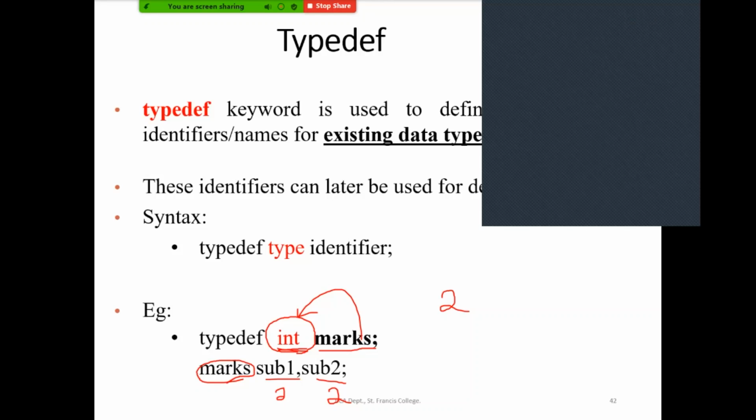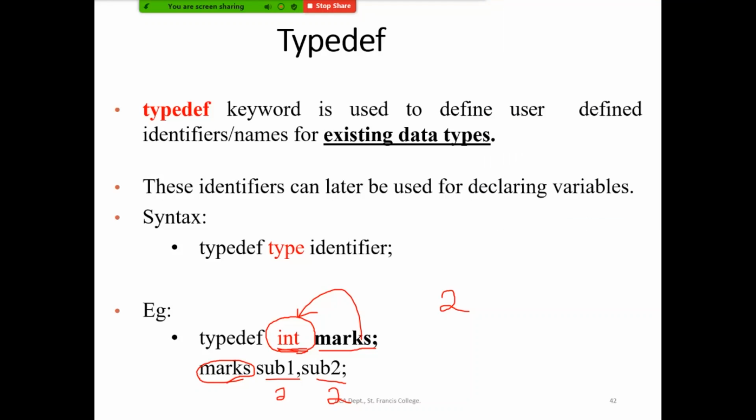Okay. So Darshan, you had asked enum means enumeration, right? Yes, that is correct. I'll go to the next slide and explain that. So enumeration is the next topic. Now typedef is a keyword which is used to define user-defined data types. Using the keyword typedef followed by the data type and then by the identifier name, whatever name you want to give your own, you can give it over here.